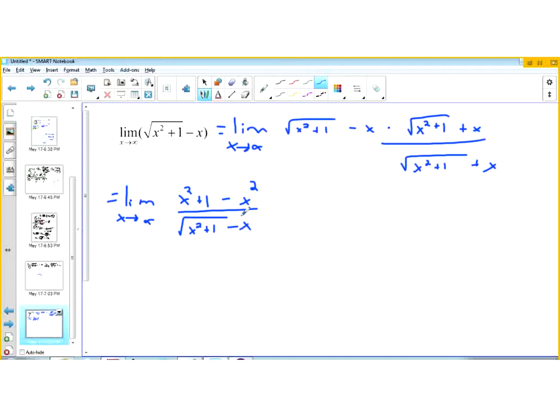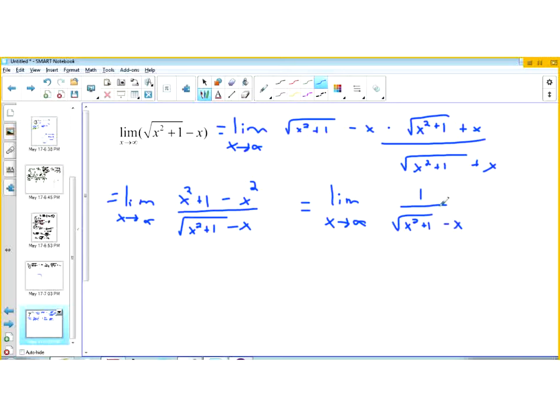After simplifying, that becomes the limit as x approaches infinity of 1 divided by the square root of x squared plus 1 minus x.